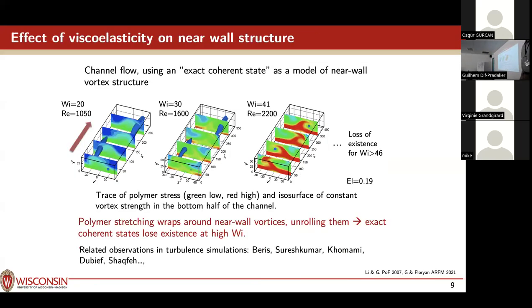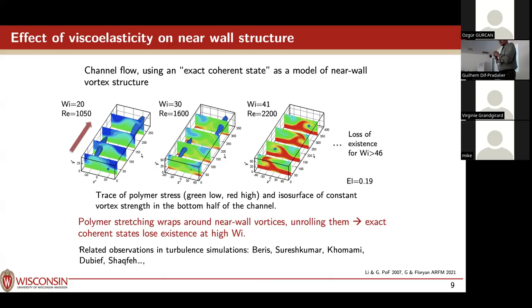Okay, and so our first studies of this, which were quite a while back now, we got interested in the question of what the polymer is doing to the near wall turbulent structure, the quasi-streamwise vortices near the wall. The way we examined this was by looking at so-called exact coherent states. There are several families of these.